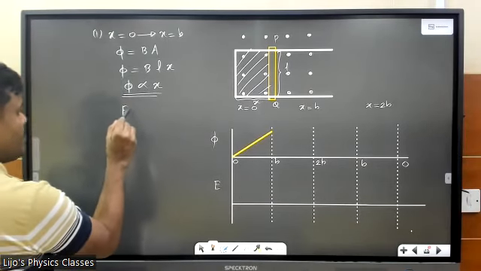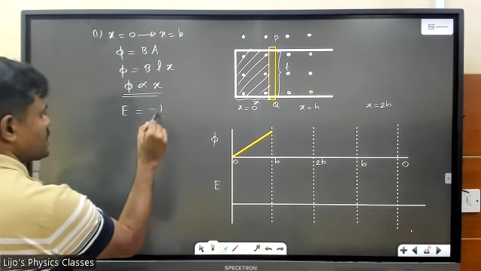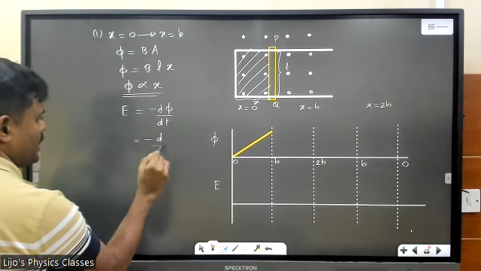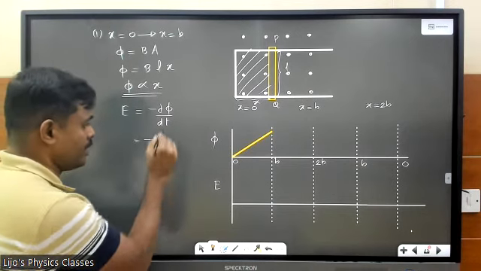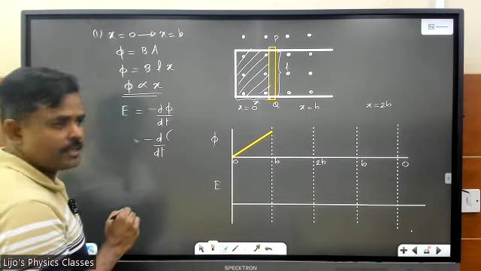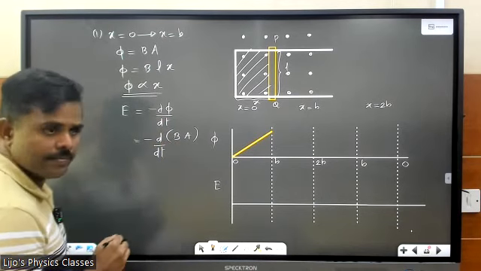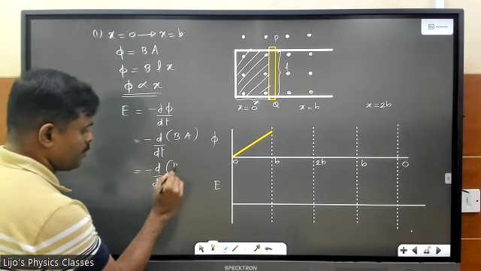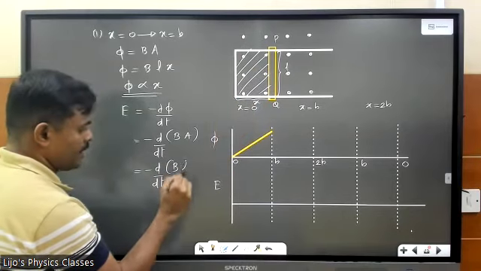Now, about EMF. EMF is given by minus d phi by dt. This is called Faraday-Lenz's law, which you learned already. Flux is B into area, so EMF is minus d by dt of B into the area, which is length into breadth.